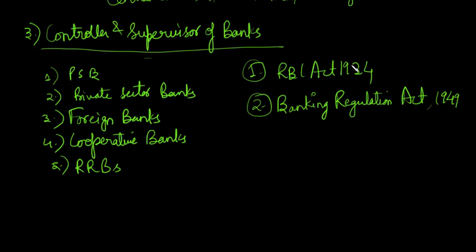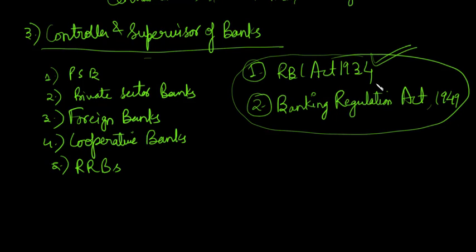These are the two main acts which are responsible for control and supervision of all the commercial banks. In combination of both these acts, RBI controls the overall operations of banks.